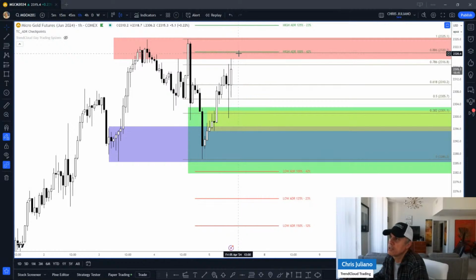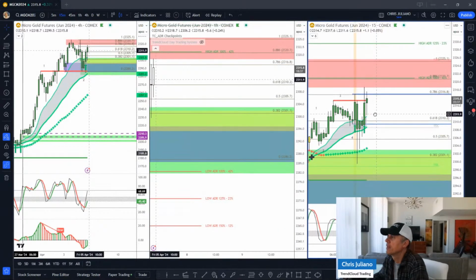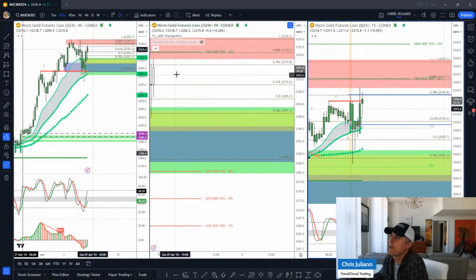This is a really great target. We could get a bounce out of this, right? A short-term bounce out of that right here.